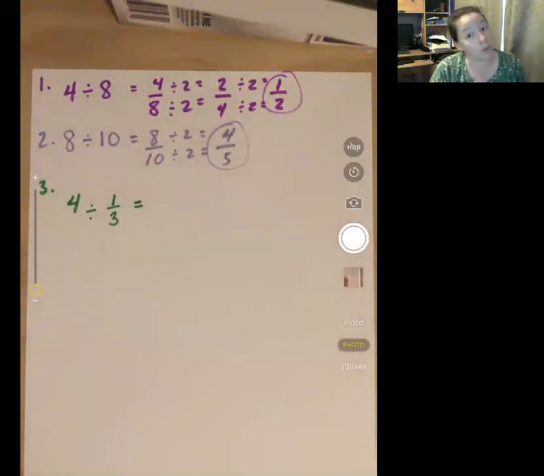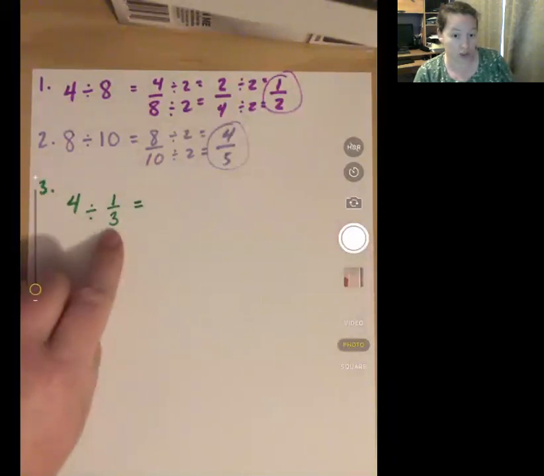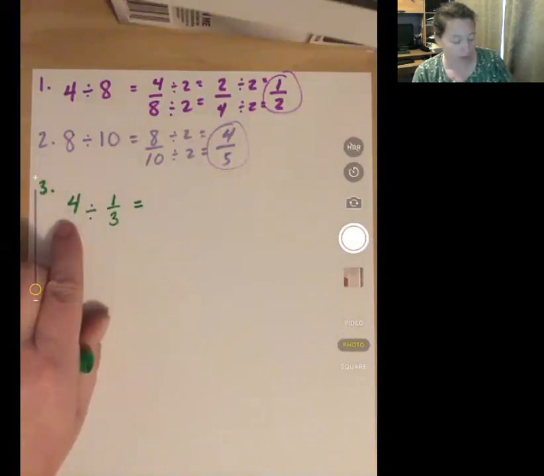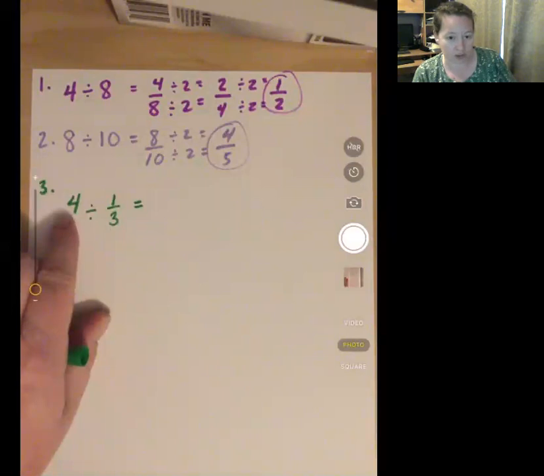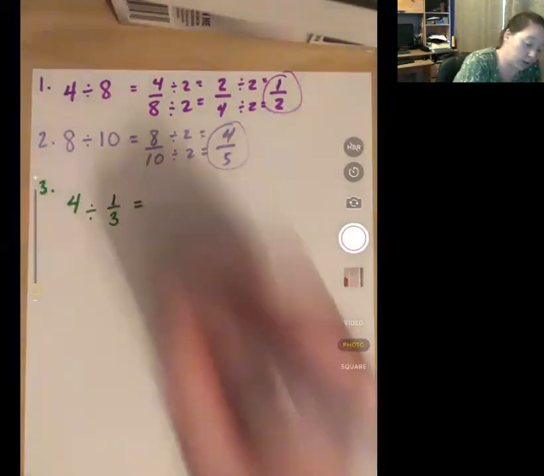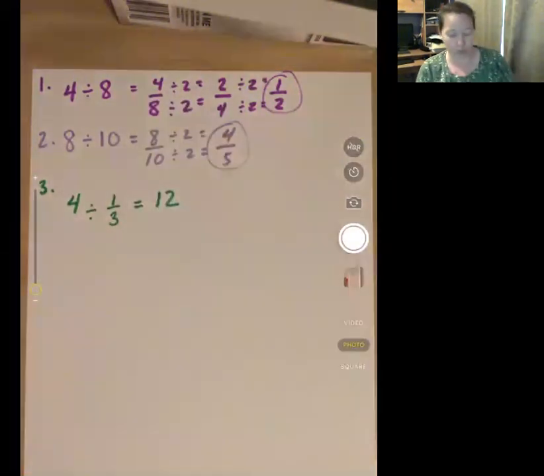Now, if you remember what we were doing before, since we started with a whole and we're dividing it into parts, we're going to end up with a whole number. So we have 4 times 3. 4 times 3 is 12. So I'm going to end up with 12 pieces.